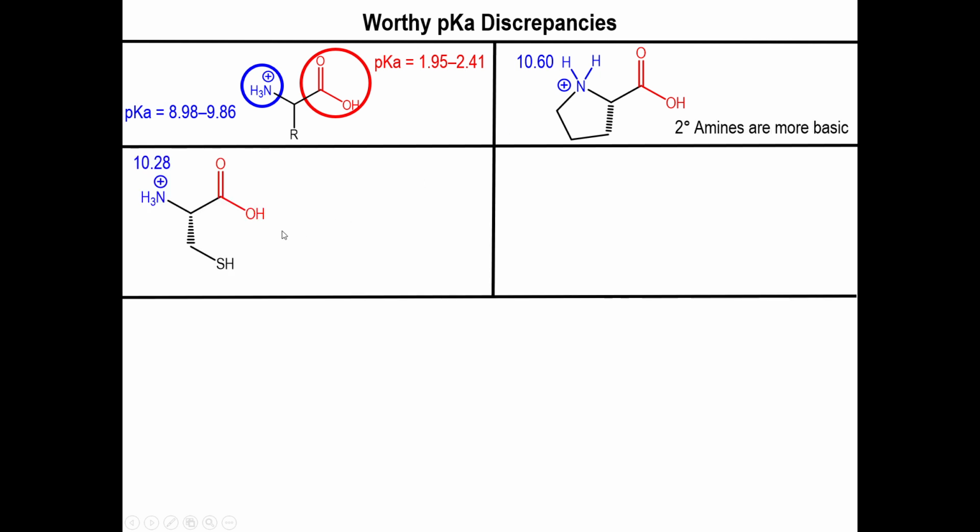All right. Another amino acid that has a discrepancy happens to be cysteine. This one is interesting because the value for the amine group is 10.28, whereas we're looking at 9 mostly for the majority of amino acids. The reason for this is the pKa's of the other two acidic protons. You have the carboxylic acid, which is going to be lower by default, but then the sulfur hydrogen bond is also acidic enough that it gets involved.